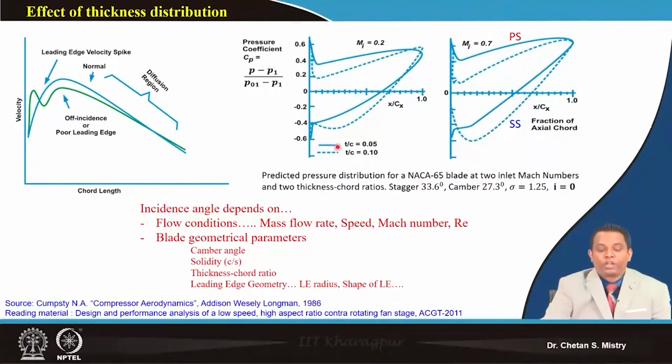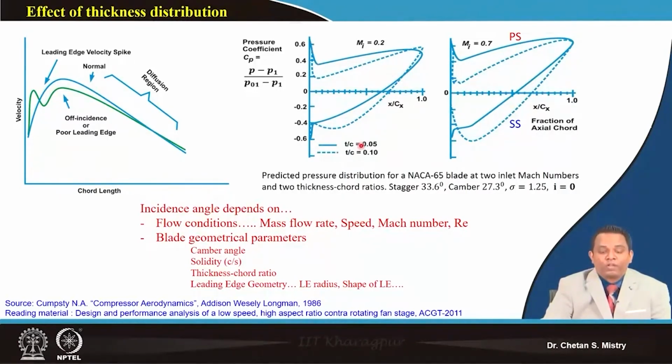Here my thickness to chord ratio is 0.05, that means a 5% thickness. Suppose I have a 100 mm chord, accordingly I will have a thickness of 5 mm. In line with that, here we have a thickness to chord ratio of 0.10. If we compare these two, it gives a different kind of feeling.